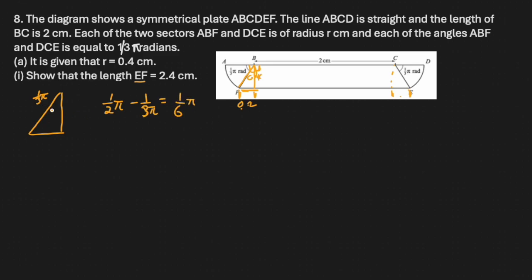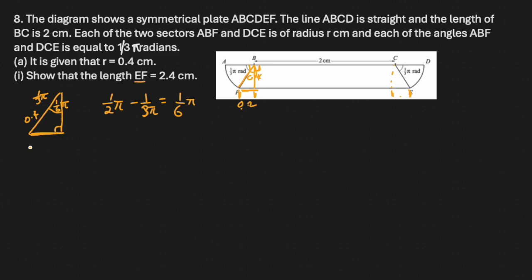So the angle inside is 1 over 6 pi. 1 over 3 pi is 60 degrees, 1 over 6 pi is 30 degrees, total 90 degrees. That's how I got it. This is also 90 degrees, and this is 0.4 centimeters. So I can get this length now.